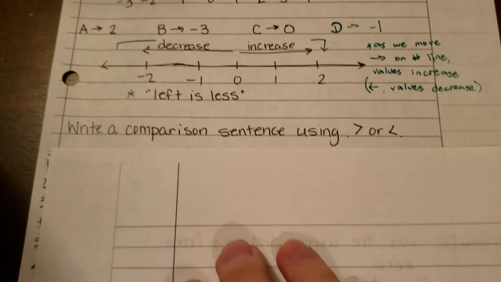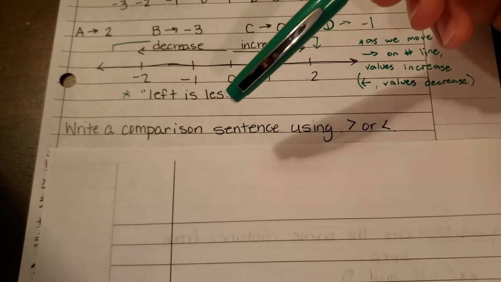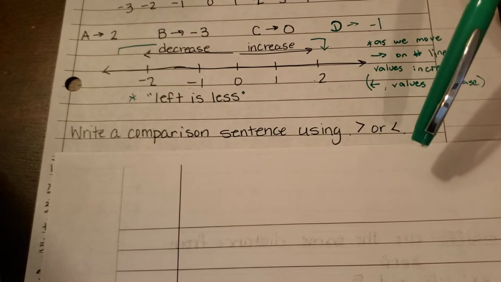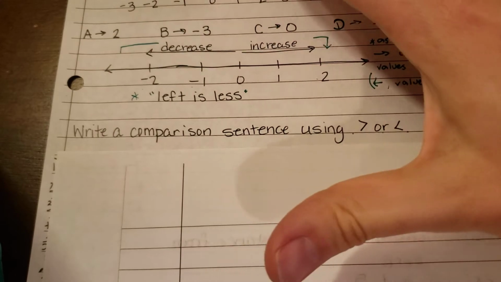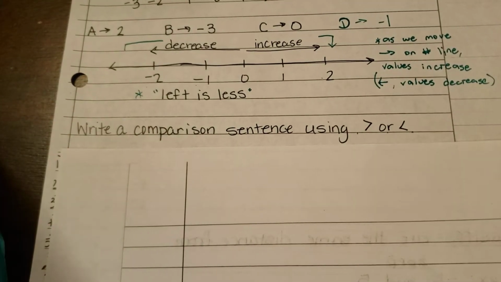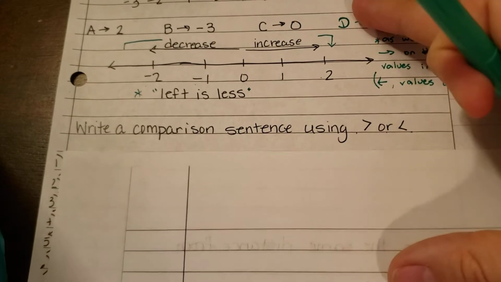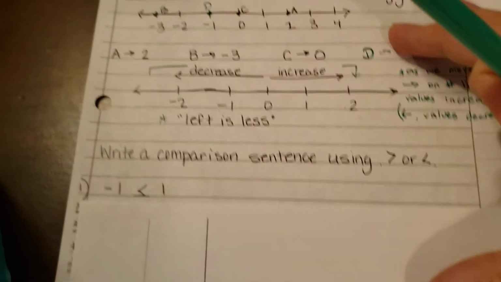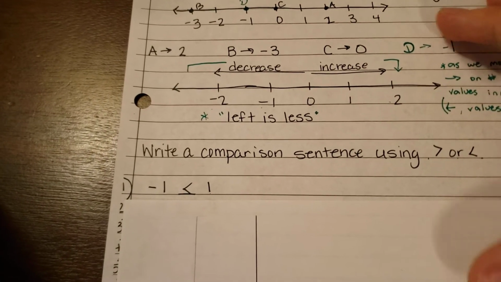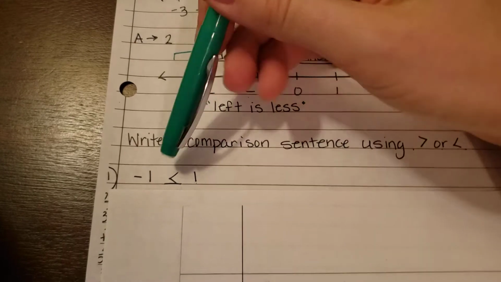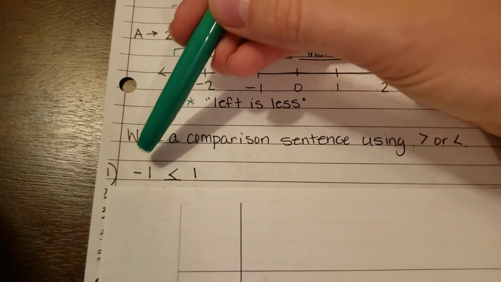So in similar things, what we're going to find a lot is comparing using greater or less than. Remember, this is the alligator wants something that way or something that way. Okay. So if we had -1 and +1, the alligator would rather have 1 than -1.